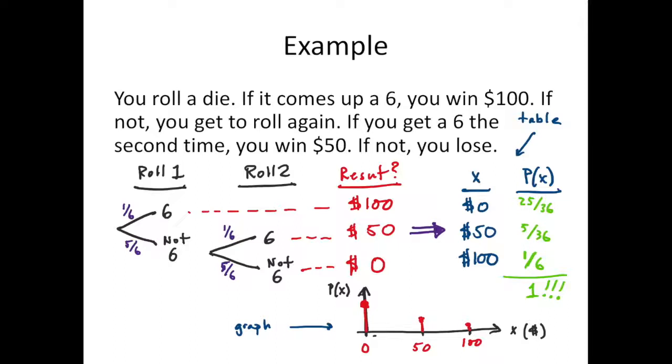Now, even though the random variable only takes on 3 values, my probability function is defined for all real numbers. So that's why you see just these spikes at 0, 50, and 100, and essentially a value of 0 everywhere else.